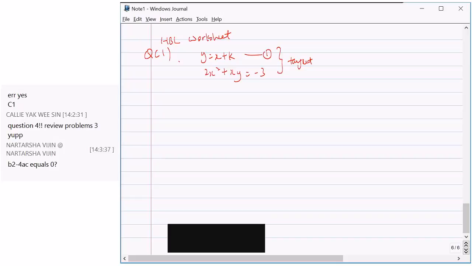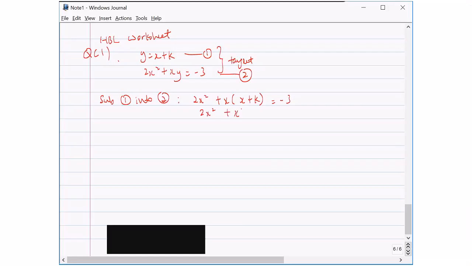Equation 1, equation 2. So I sub equation 1 into equation 2. So 2x squared plus x times (x plus k) equals minus 3. So I change the y into x plus k. Open up brackets. Bring the minus 3 over. Tidy things up. This is my quadratic equation.